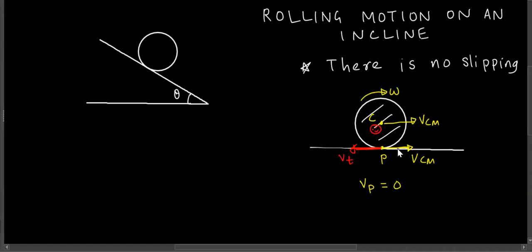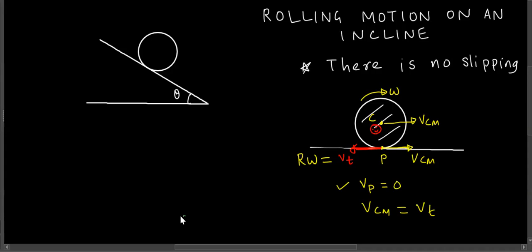Now the particles on the periphery of the disk have a tangential velocity which is equal to r omega. When this tangential velocity matches the center of mass velocity, only then can I say that the point of contact has zero velocity with respect to the ground.